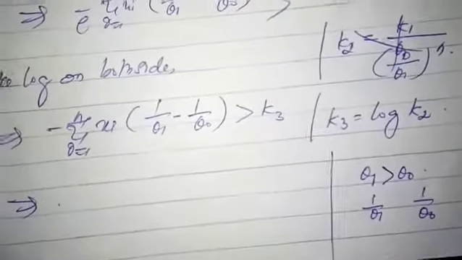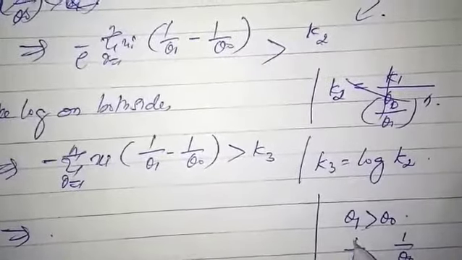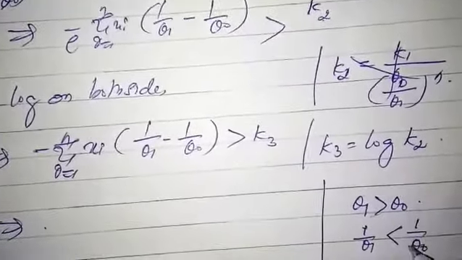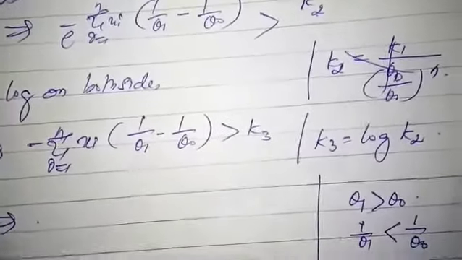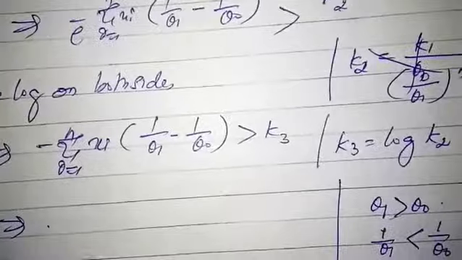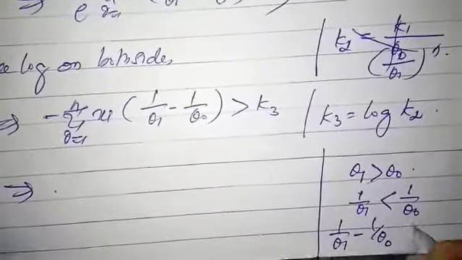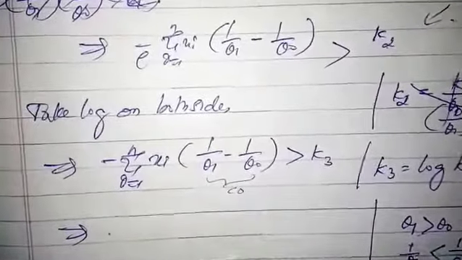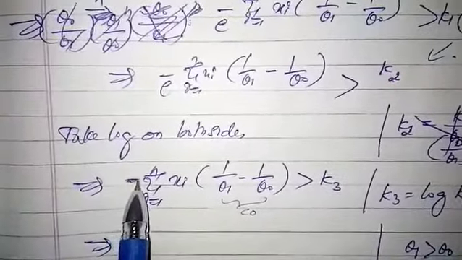What is the relation between 1/θ1 and 1/θ0? If θ1 is greater than θ0, then the reciprocal is less, so 1/θ1 is less than 1/θ0. Then 1/θ1 minus 1/θ0 is less than 0, a negative term. Then here also we have one negative term.